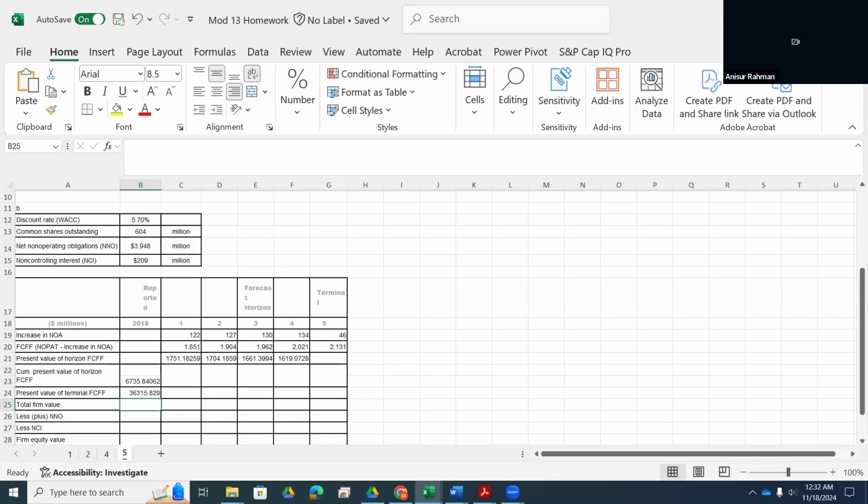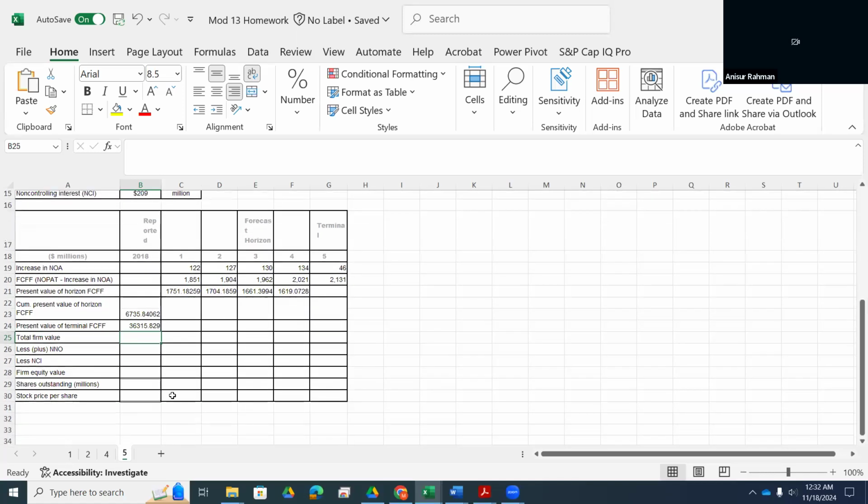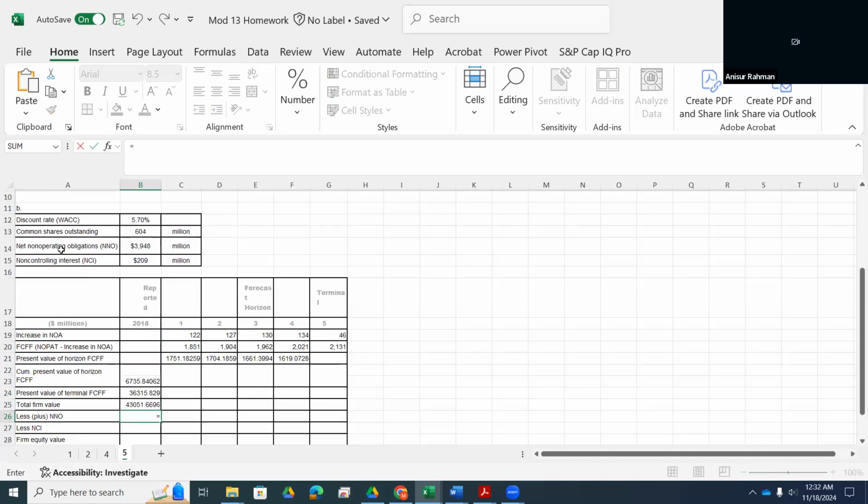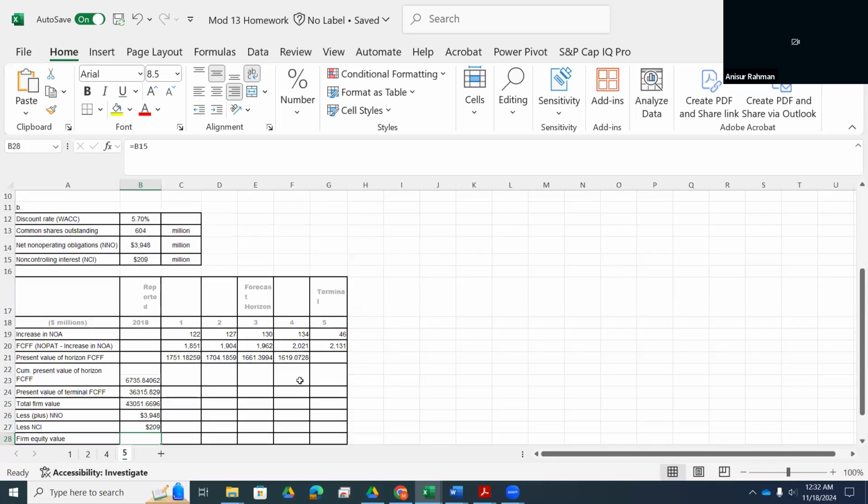Okay. Now, total firm value will be the sum of these two numbers. Our NNO is equal to net non-operating obligation. Our NCI is equal to non-controlling interest, this number.